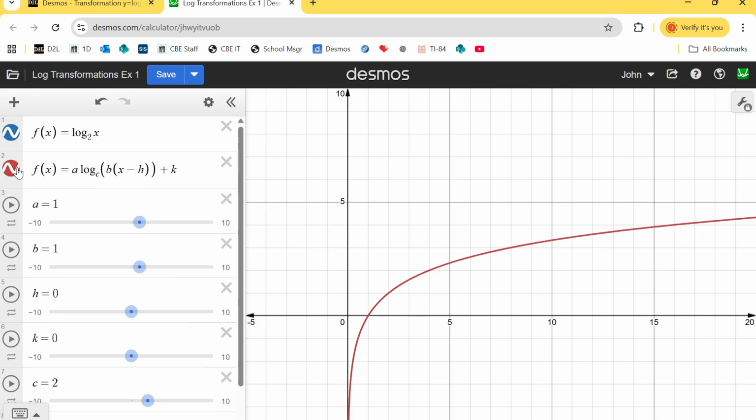First, the a value is 1, so there's no vertical stretch about the x-axis, but I have a b value of 5, which is a horizontal stretch by a factor of 1/5 about the y-axis. So when I do a b value of 5, watch the x values. I'm going to divide all the x values by 5. Let's pick a point here.